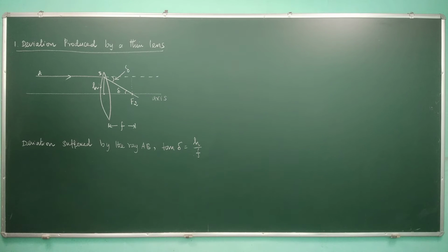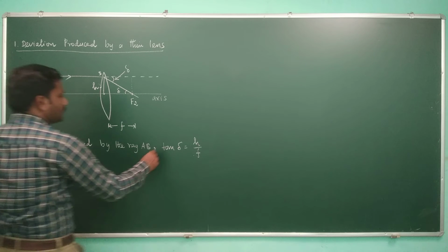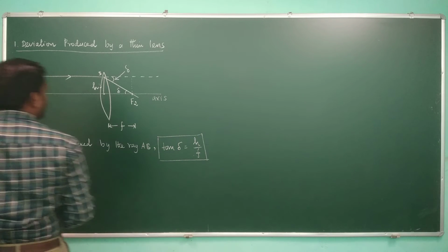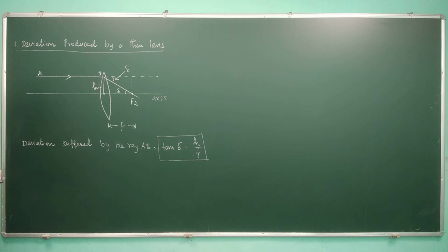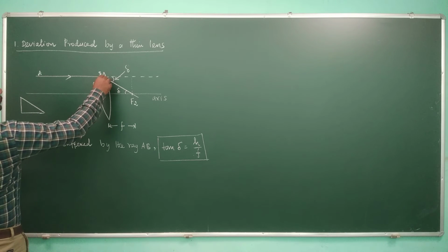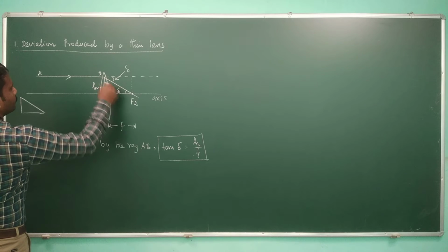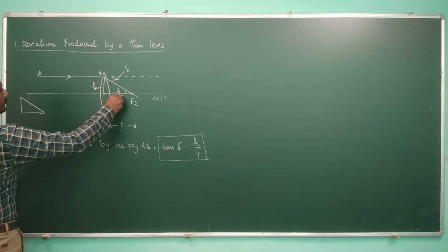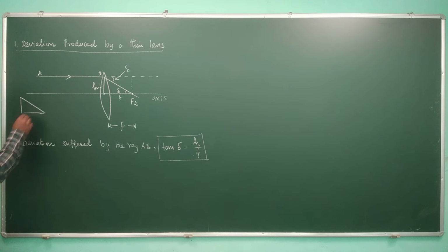How to obtain this? How to understand this? Tan delta is equal to h by f. How did we obtain this expression? For this, let us consider a triangle. In this triangle, this distance is f, and this is the height h.